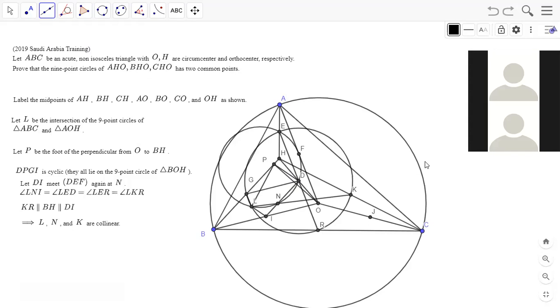Sorry, do you try to solve this problem by using inversion or just angle chasing? Yeah, we tried inversion before. So if we can show that, like if you invert J about D, if we can show that it lies on LK, that would solve the problem. Oh, I got that. Oh, you know how to do that?